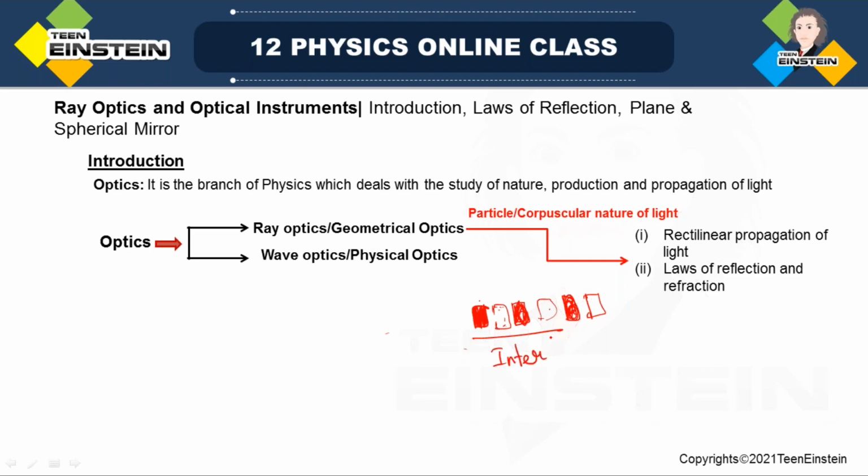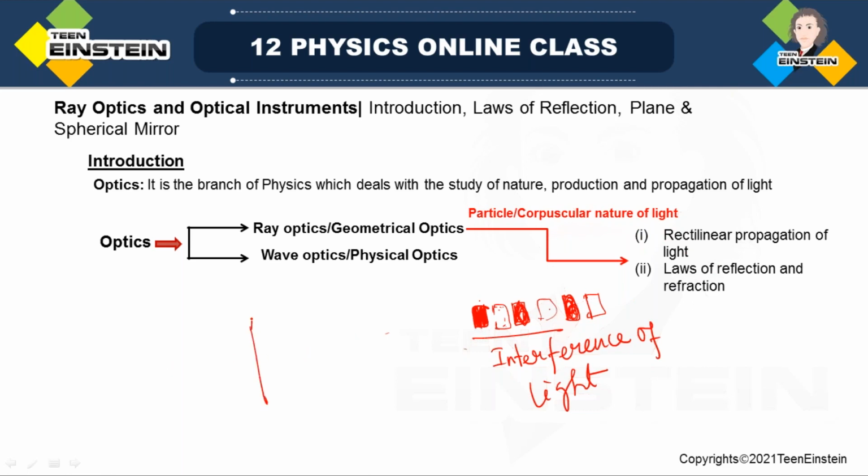So this is called interference of light. We will not be able to explain this interference of light by this corpuscular model, or ray concept, or particle concept of light.